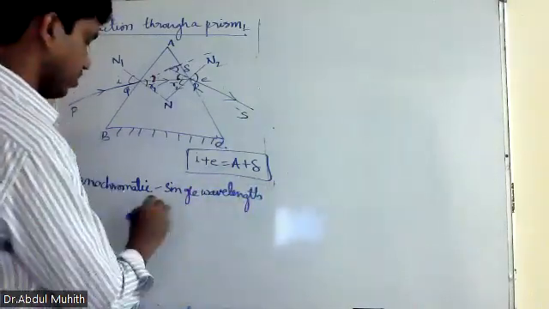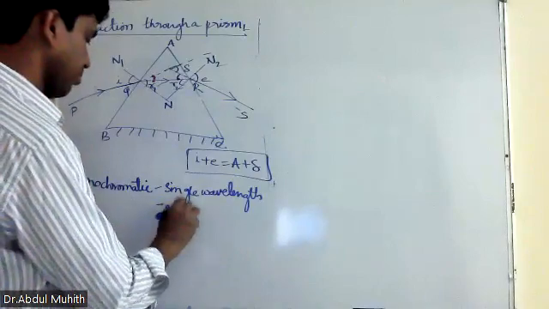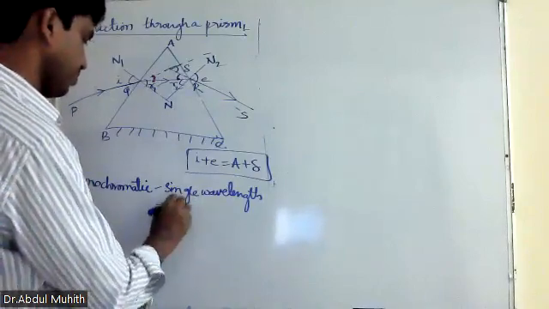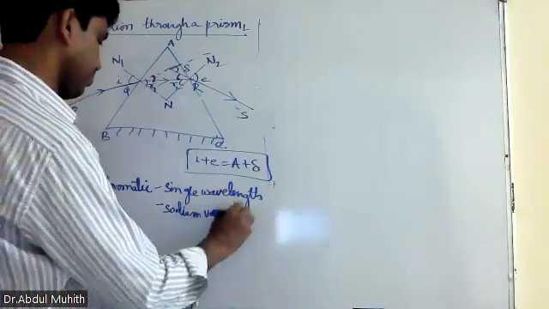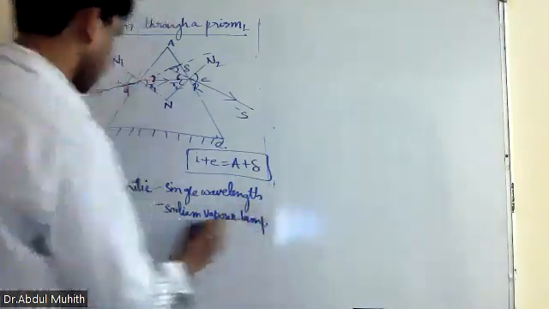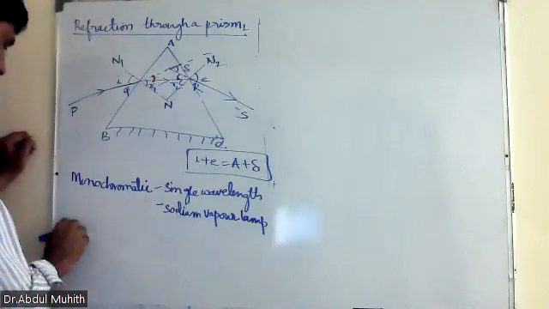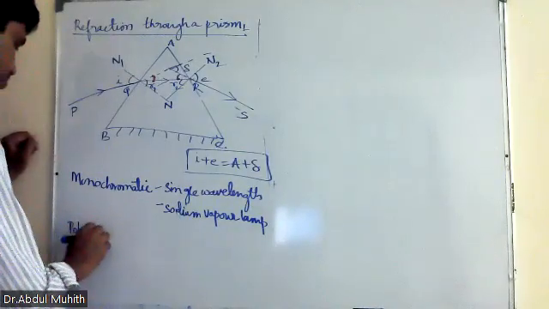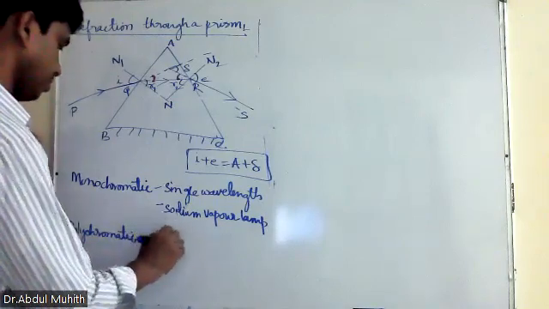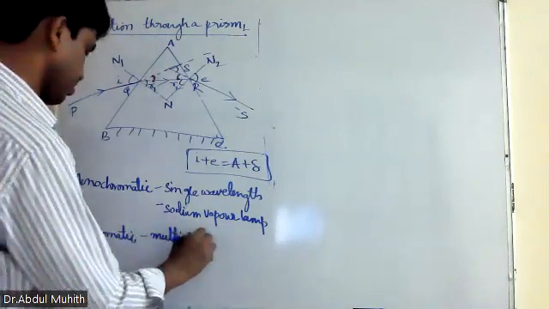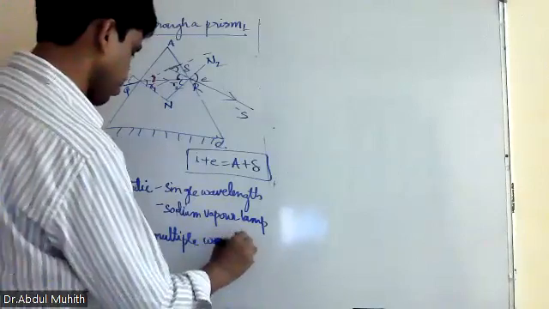So the best example for this is the sodium vapor lamp. Second one is the polychromatic source. So polychromatic is what? Multiple wavelengths.